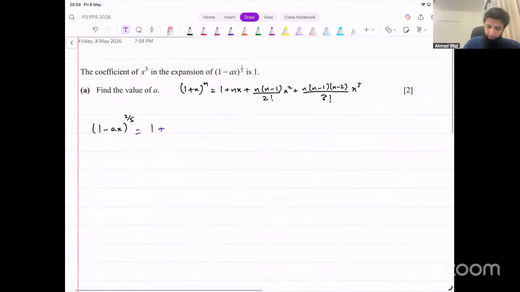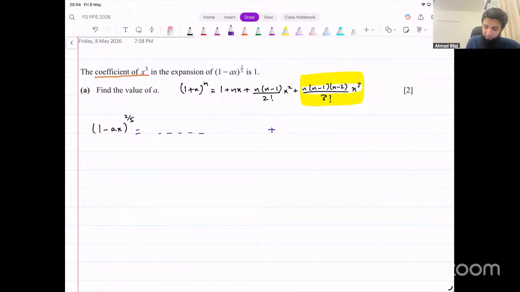Okay. So since in the first part, we are just looking for coefficient of x cube, what we can say is, where are we going to get x cube? X cube is going to come in this term. So we can ignore the rest of the terms. We'll see in the next part if we need any of them. But for now, we just focus on this term, right? Ignore the rest of the terms.